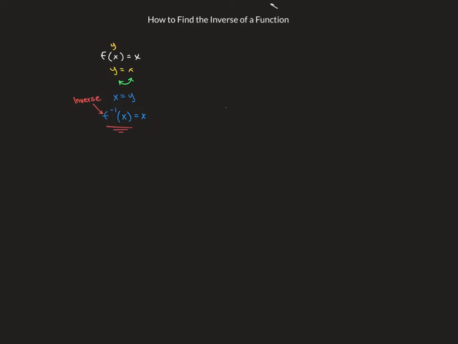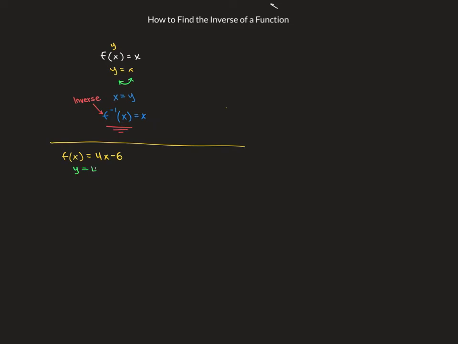So now let's take an actual example. We'll start with a simple one, which will just be f of x is equal to 4x minus 6. Now, instead of f of x, let's substitute our y value to make it a little bit easier to understand.